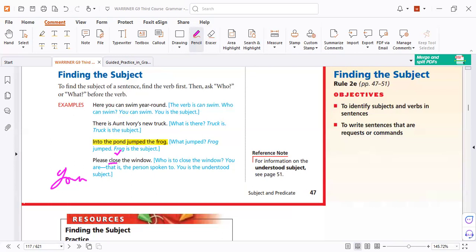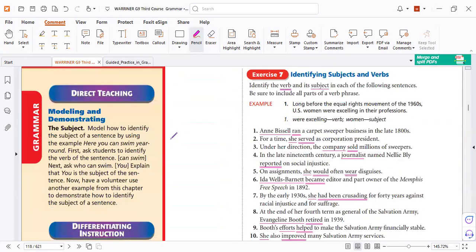Now let's see the next. Now we need to check together what the subject and verb are in this sentence and why.